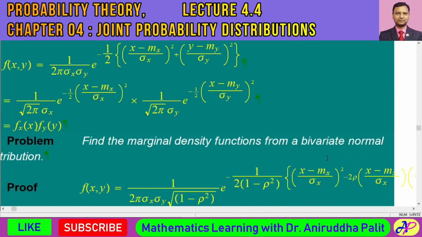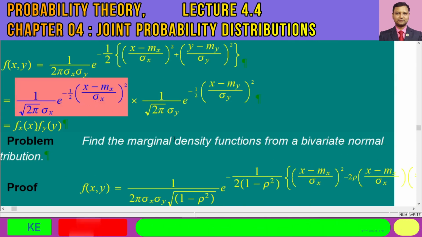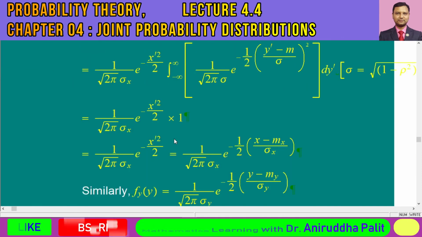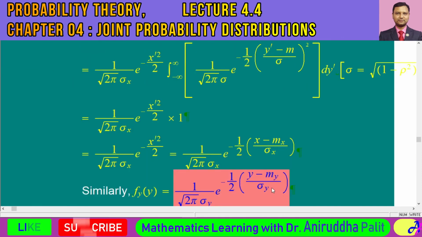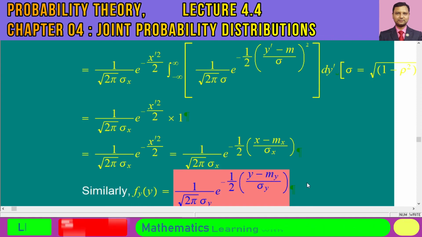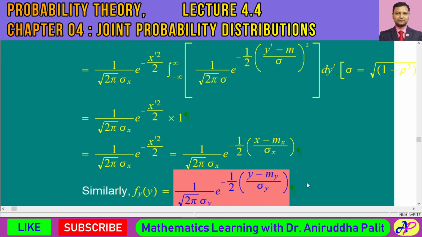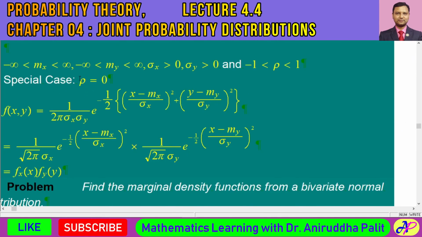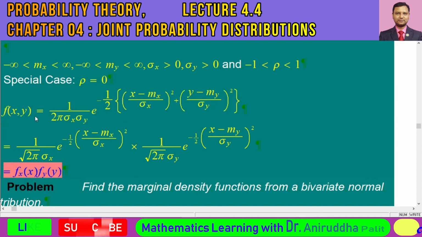I told you that this expression is the marginal density function of x, and by a similar computation, we can say that this over here is the marginal density function of y. So we can say over here, if rho is equal to 0, then capital X and capital Y are independent random variables.